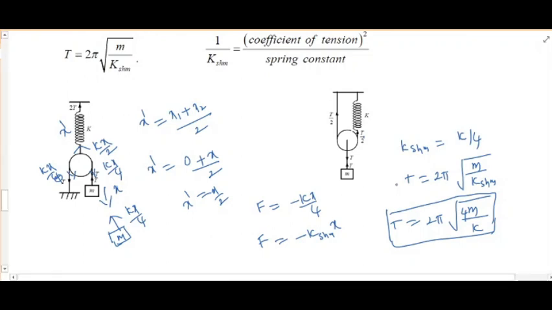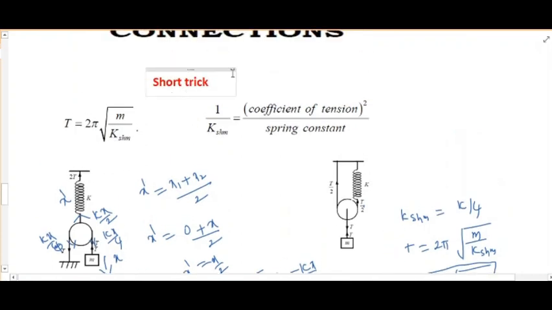When different springs are connected like this, these are somewhat lengthy calculations, but by using one simple technique or short trick, we can find the time period in only 1 or 2 steps. The short trick is 1 by K SHM is equal to coefficient of tension square by spring constant. This is the short trick.